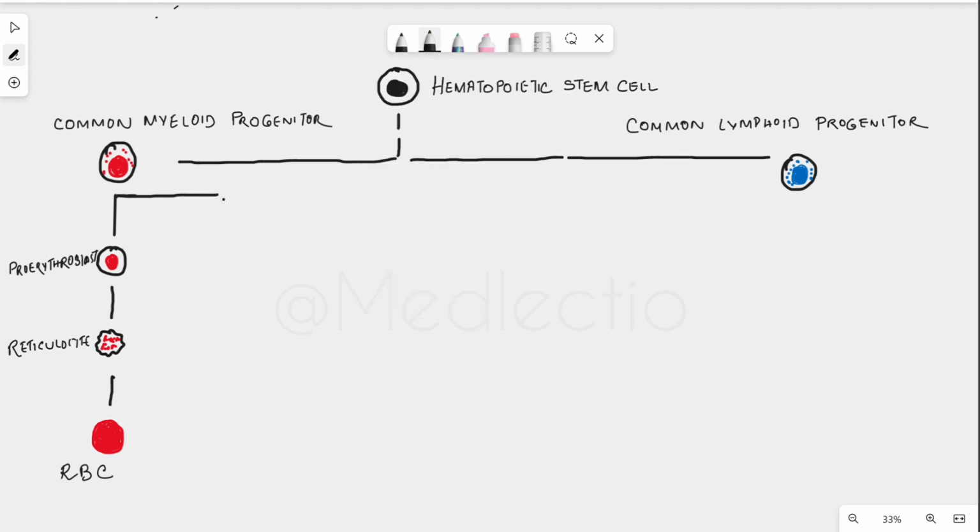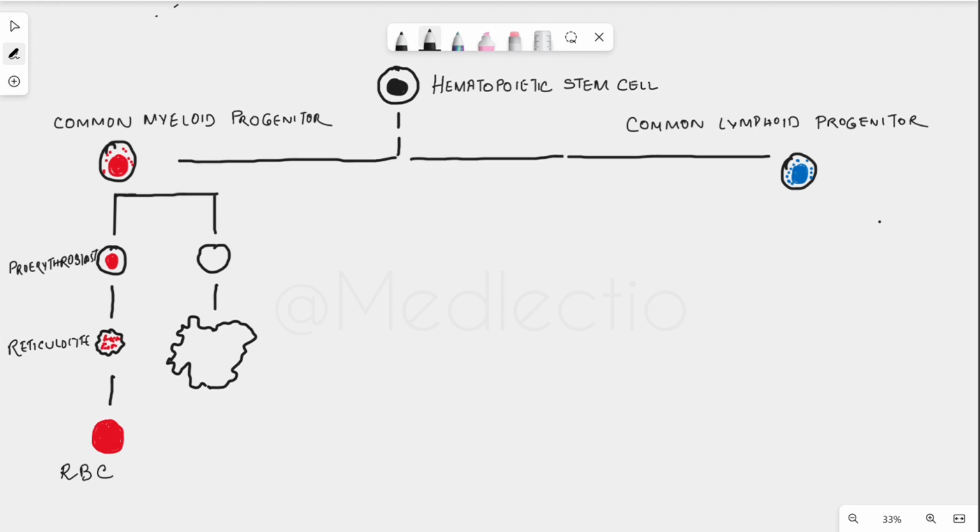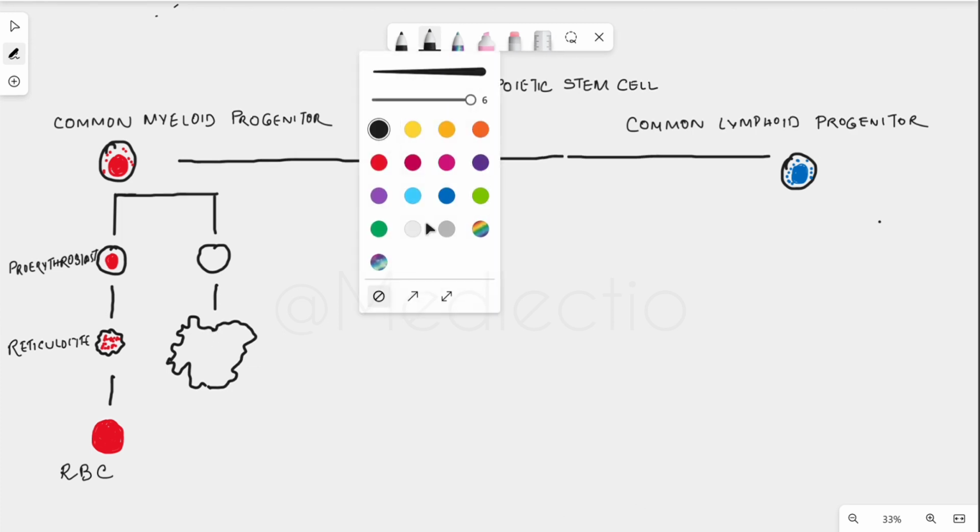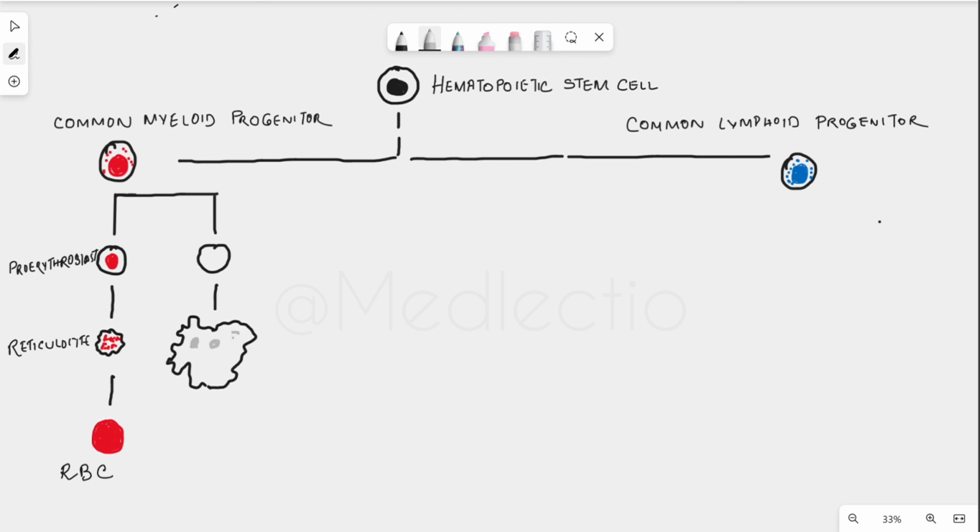Now next one, from the same common myeloid progenitor. Okay. Then this is the bigger one, and then it is our megakaryocyte, and then from that we get our platelets.